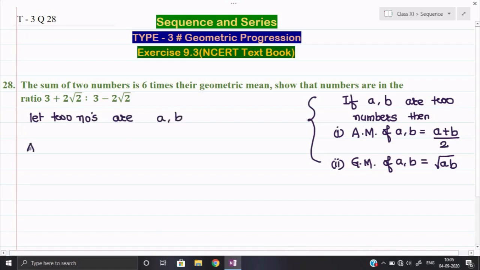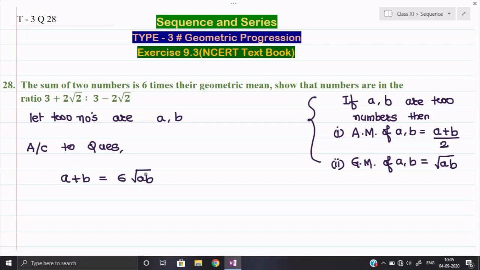Then according to the question, a plus b is equal to 6 times under root of ab. That is given to us in the question.